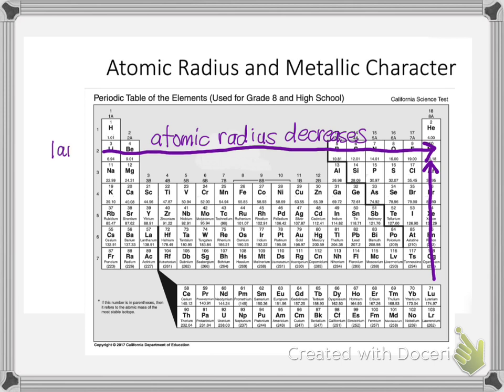So that means these are the larger and these are the smaller. And if we go up and down, the atomic radius decreases as you go up. So these are larger, and at the top it's smaller. Okay, so that was radius. We just did that one.